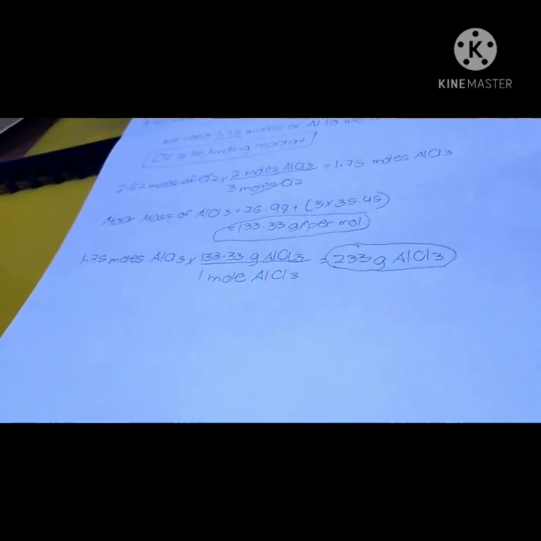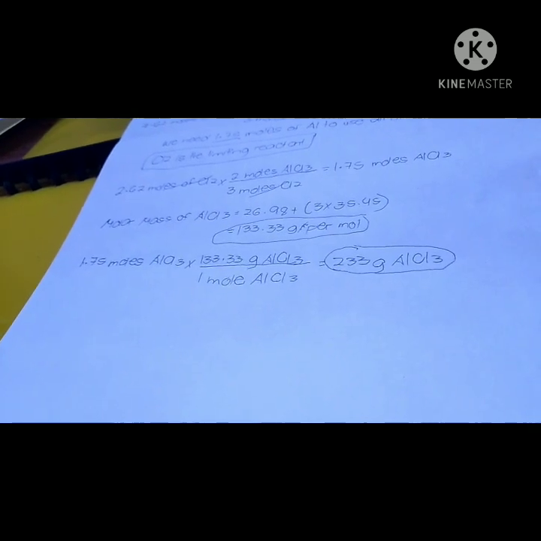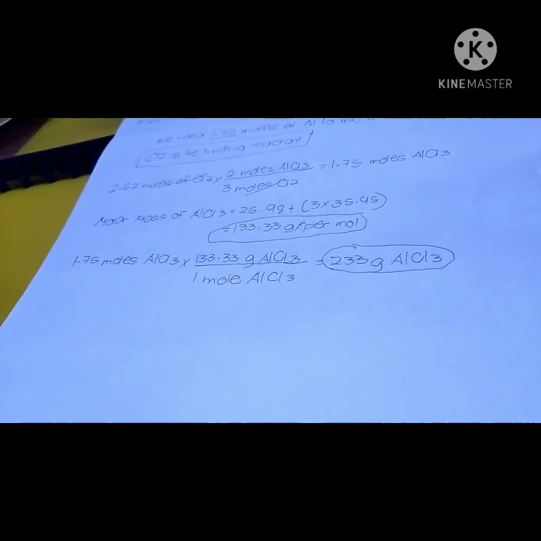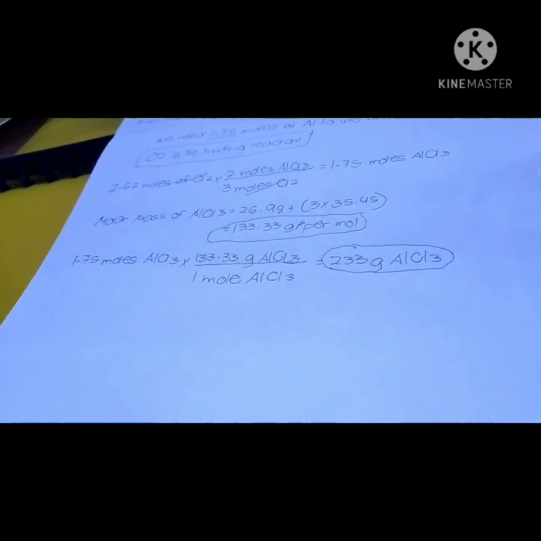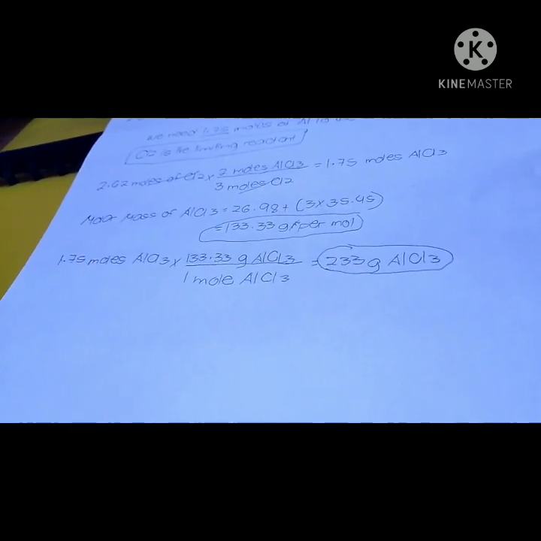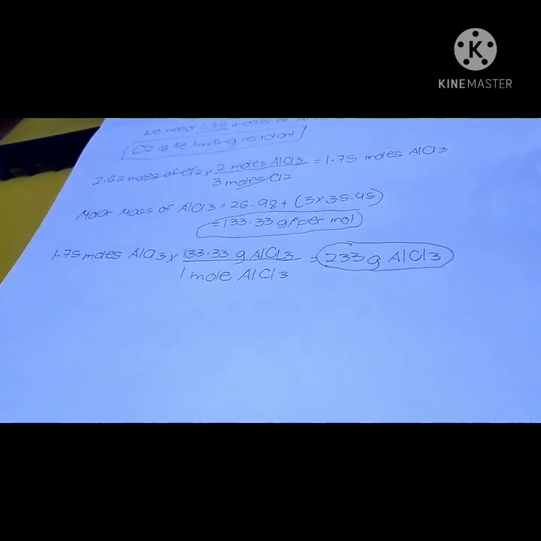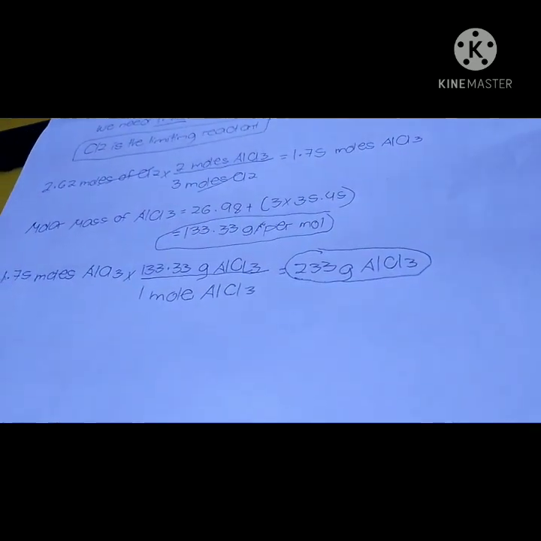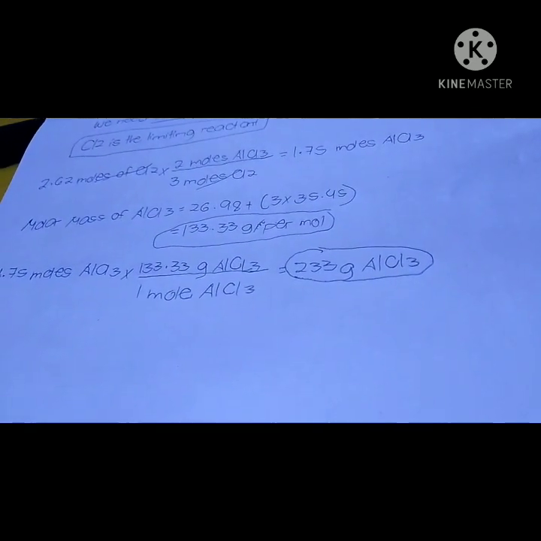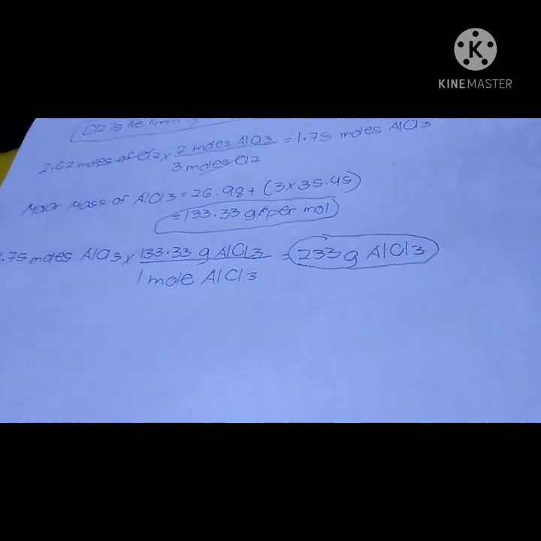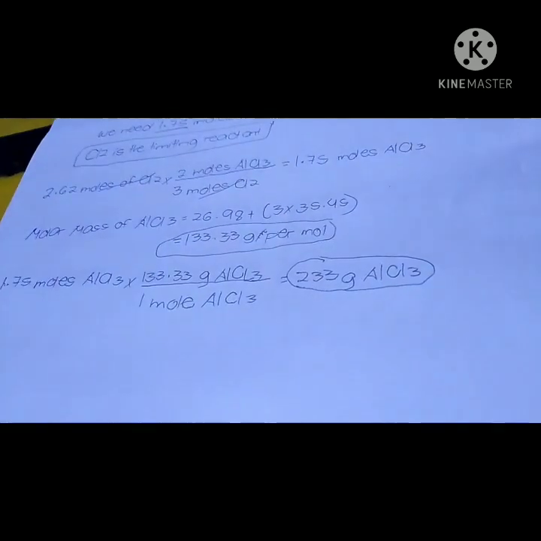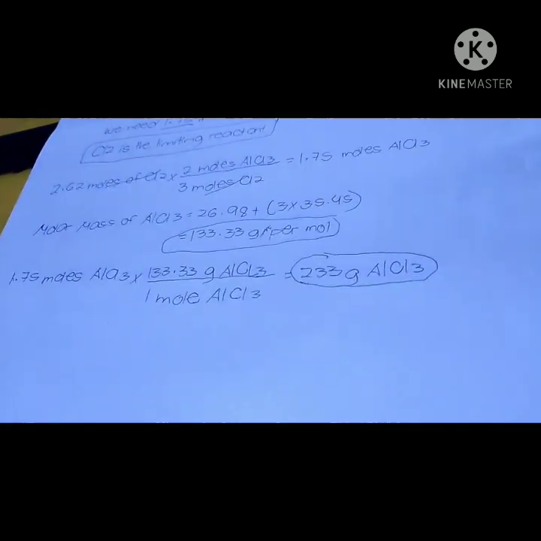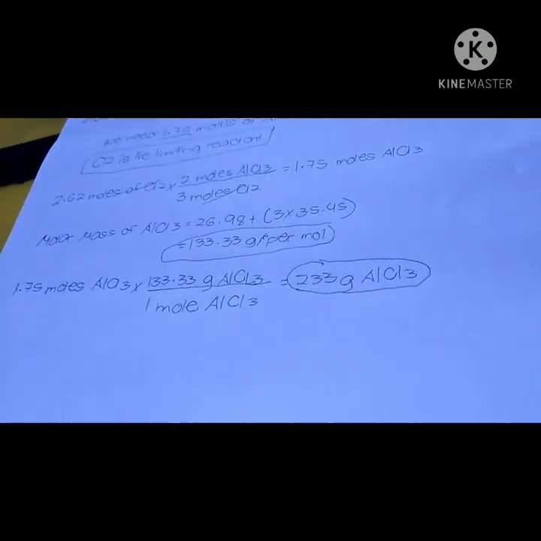Because we have way more aluminum than that, we have extra aluminum. That means that aluminum is the excess reactant, and we want to figure out first how many moles of aluminum are left over. Our excess reactant is just going to be our total reactant minus the amount of reactant that we use.